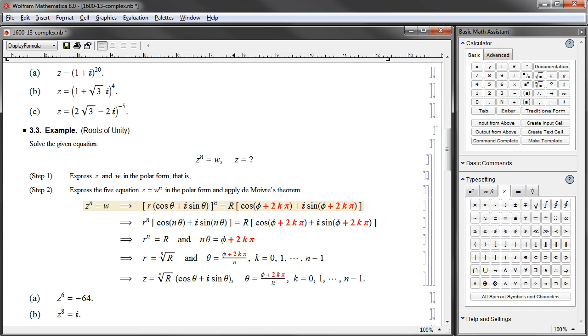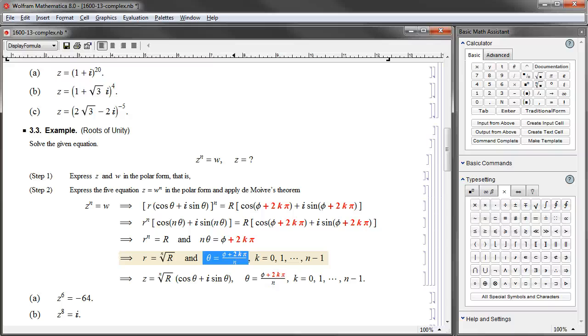If we do not take the nth root, then this plus 2k pi doesn't do anything, because by the periodicity of the angle we have the same position. But if you apply de Moivre's theorem, the left hand side becomes n theta, and then solve n theta equal to phi plus 2k pi, theta equal to phi plus 2k pi over n, all of a sudden we have n different solutions.